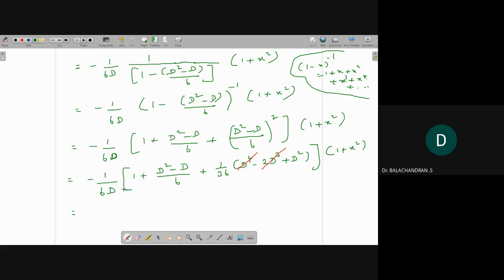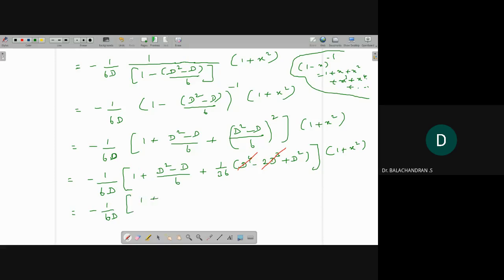I'm going to operate this term on 1 plus x square, and then I will apply 1 by d. So minus 1 by 6D.